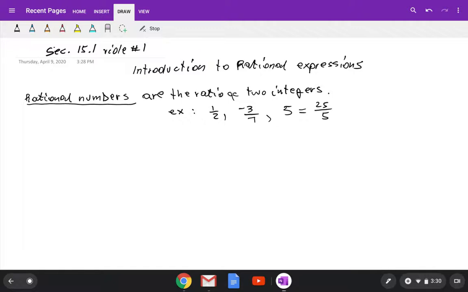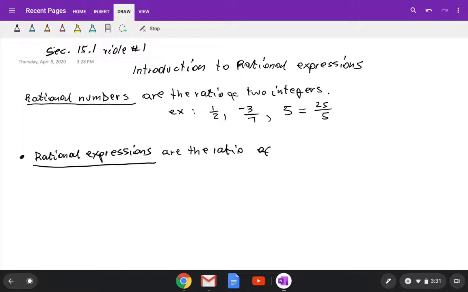However, in this section we focus on rational expressions. Rational expressions are the ratio of two polynomials.